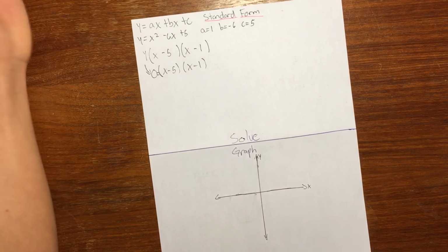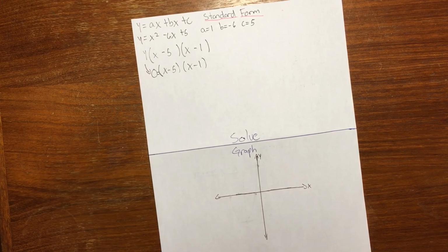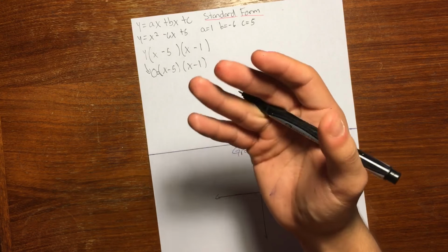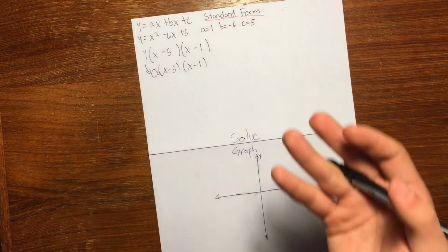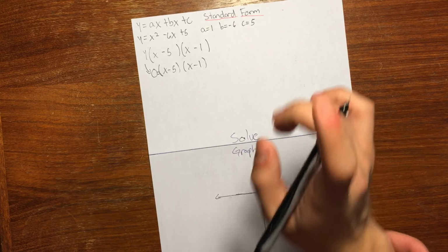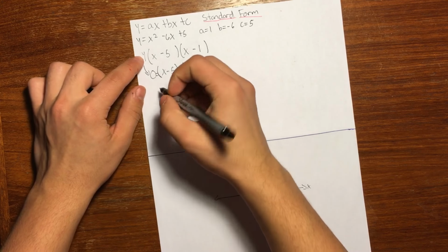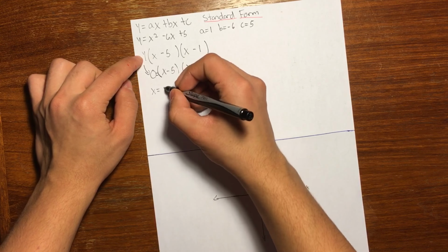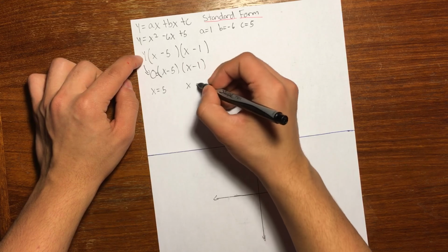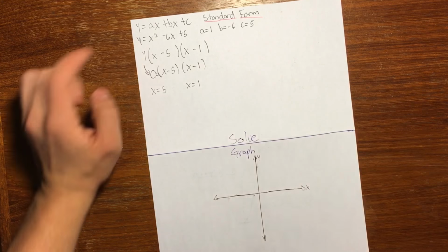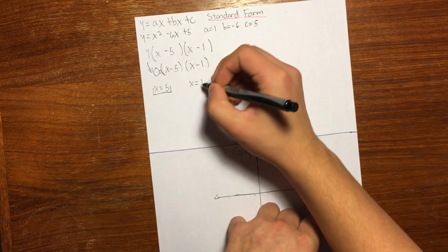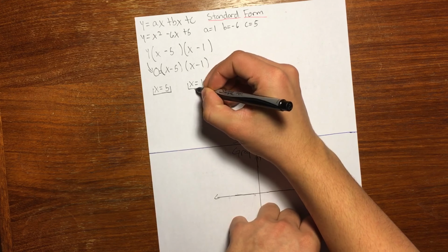Here I'm thinking +5, because if you subtract 5 from +5, it gives you 0, and same thing with the 1. So I'm going to write it down: x equals 5, x equals 1. And that essentially becomes the roots for the graphing part of this equation.